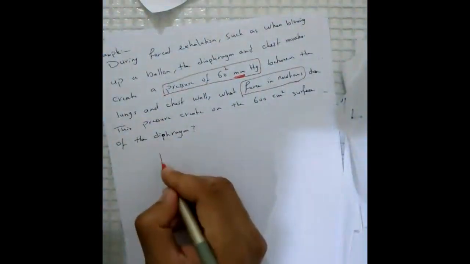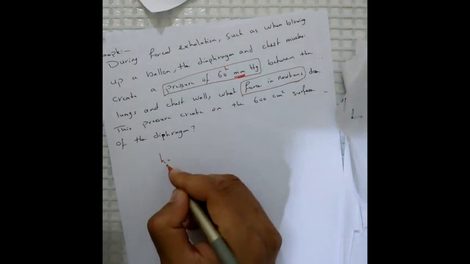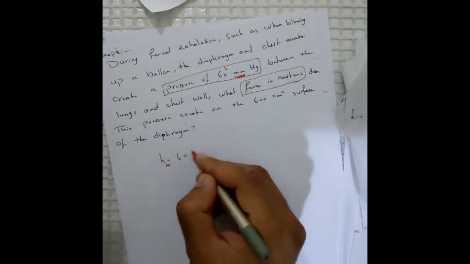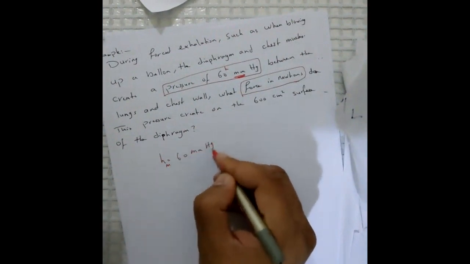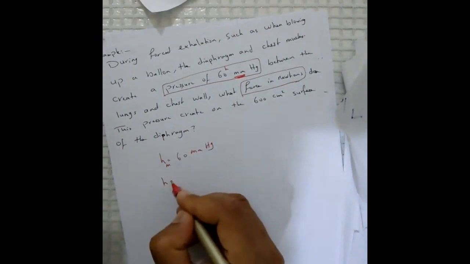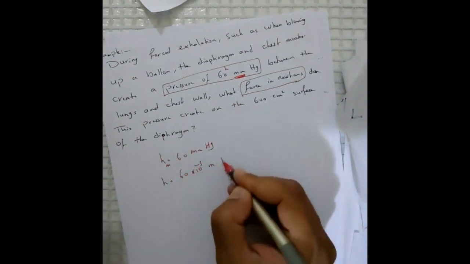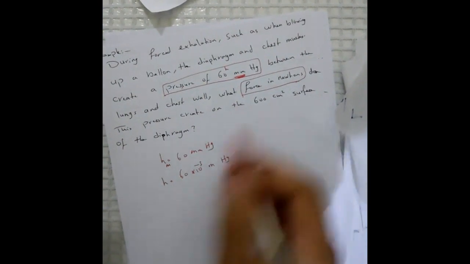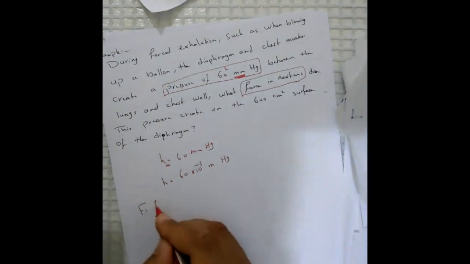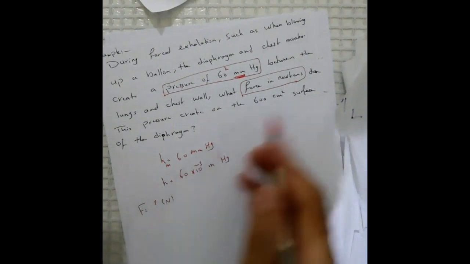All right. Let me return back again. So now I know that the H of mercury is equal to 60 millimeter mercury. Okay? H will be 60 times 10 to power minus 3. I want to transfer it to meter because this is what I want. He wants the force in Newton. Okay?